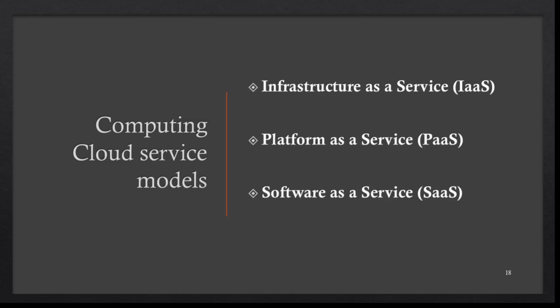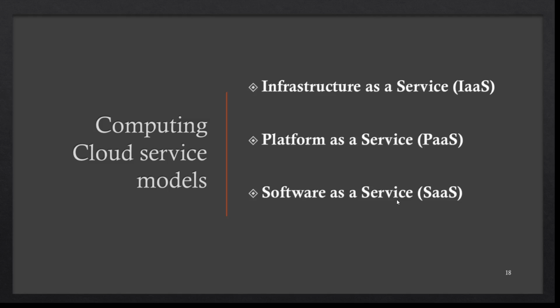With that understanding of the traditional deployment model, we will now understand the service models that are available for the cloud. As I mentioned, the three most common models are software as a service, platform as a service, and infrastructure as a service.